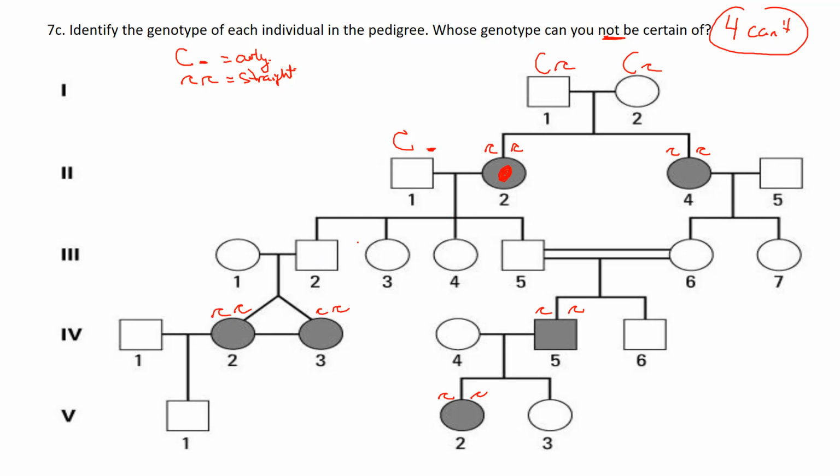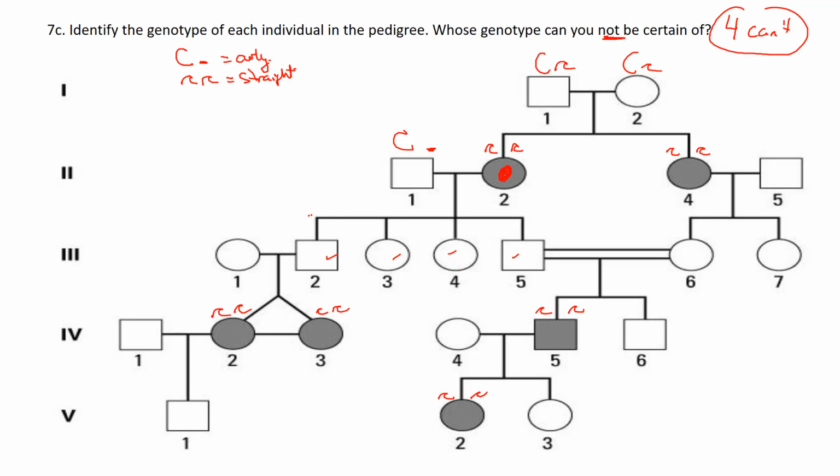Why? Because look at all their kids. All their kids had curly hair. So we don't know if they are homozygous curly hair or hetero. We don't know if they have 2 C's or whatever.